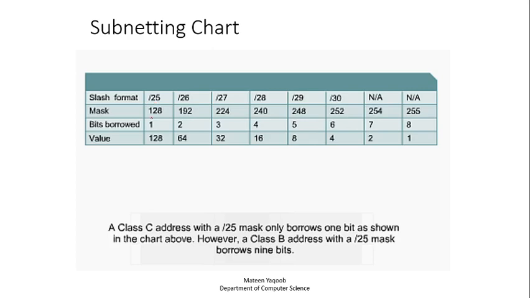So the ending mask will be 128, the number of bits borrowed is 1, and the number of hosts is reduced to 128. And in case you have borrowed 2 bits, the subnet mask will change to 192, and so on.